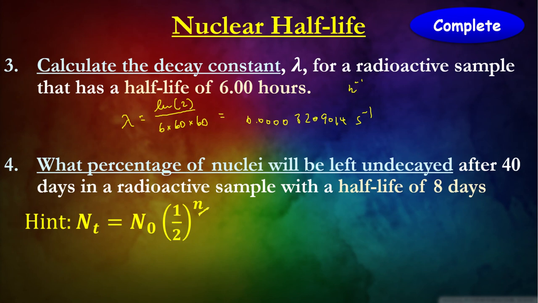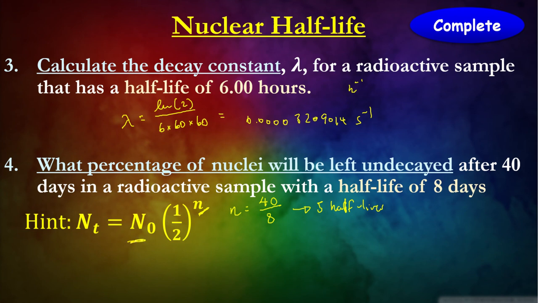The number of half-lives passed can be found from the total days and the half-life of this particular radioisotope. So that is roughly 5 half-lives that have passed. So that's going to be 5 here.